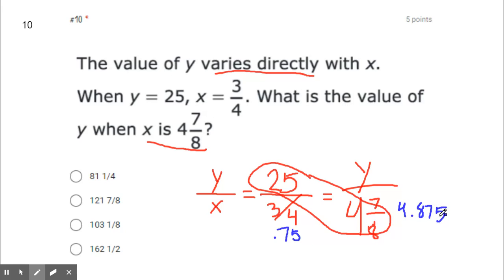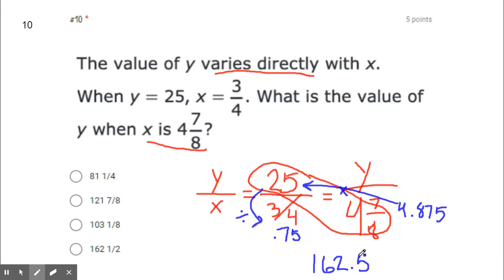So knowing that, I'm going to multiply 4.875, this number, times 25. And then when I'm done with that, I'm going to divide it by 0.75. Okay, so 4.875 times 25 divided by 0.75, and I get the answer of 162.5.